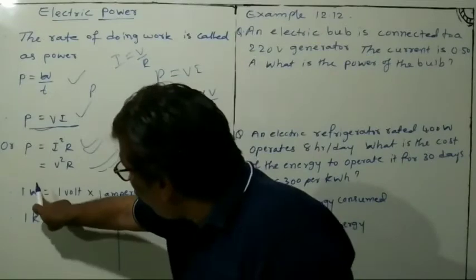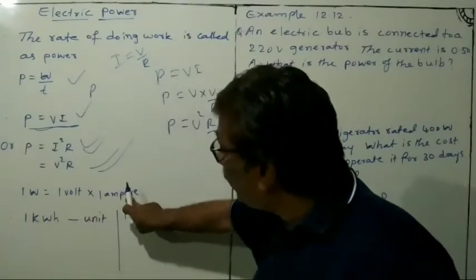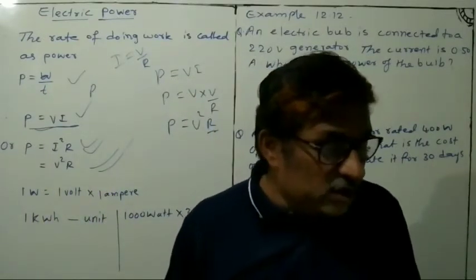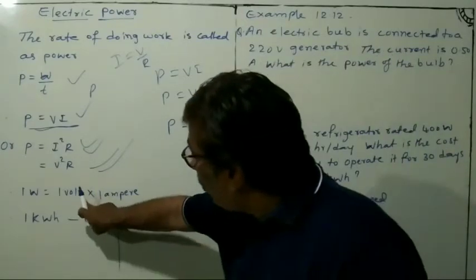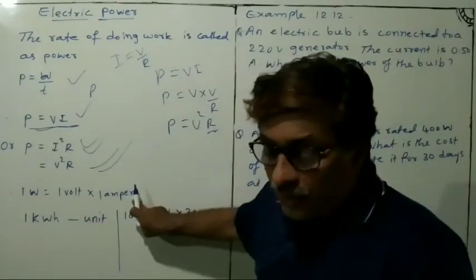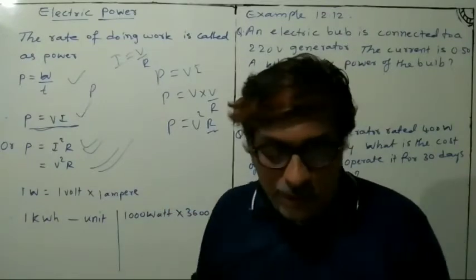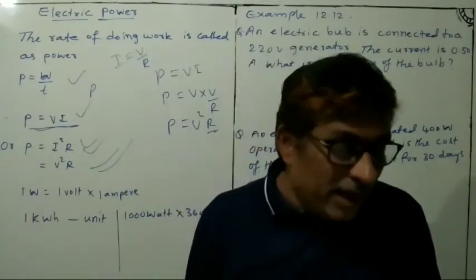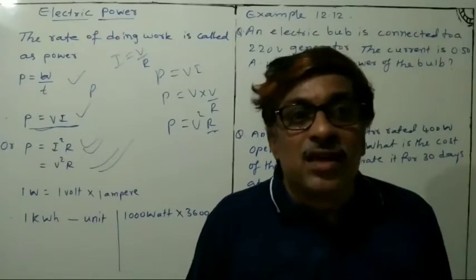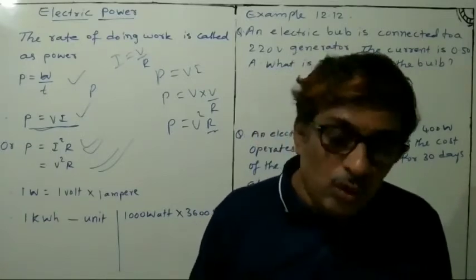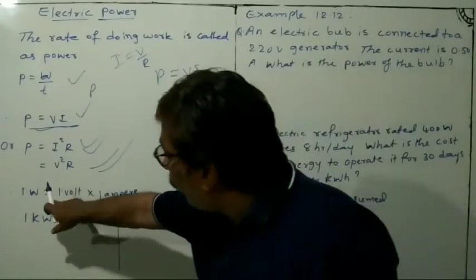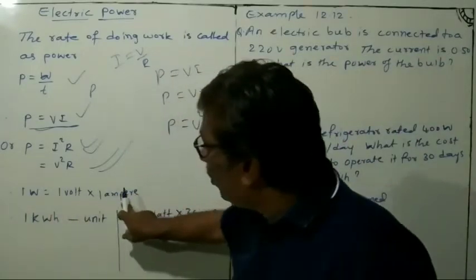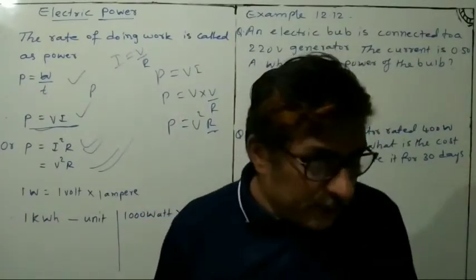That is why 1 watt is equal to 1 volt multiplied by 1 ampere. Because P is equal to VI, with V in volts and I in amperes.